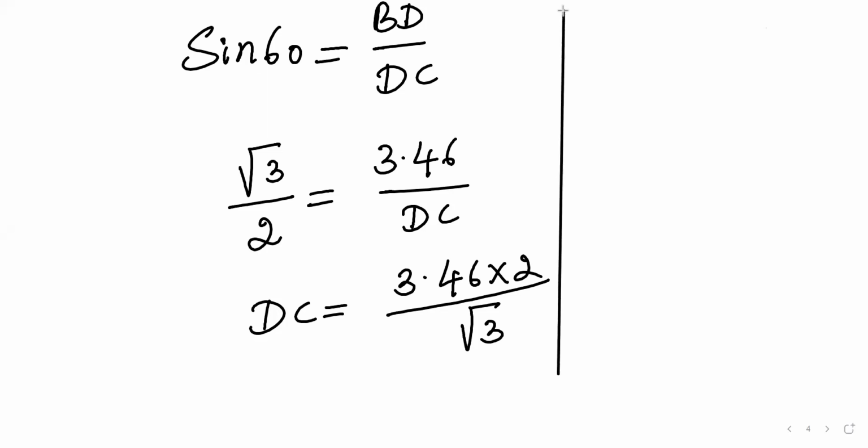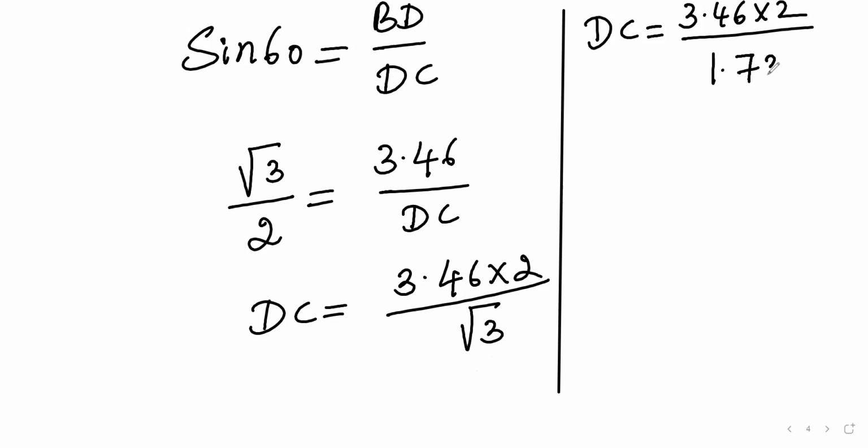Okay, some technical issues, let it be. So now DC equals 3.46 into 2 divided by root 3. The value of root 3 is 1.73.